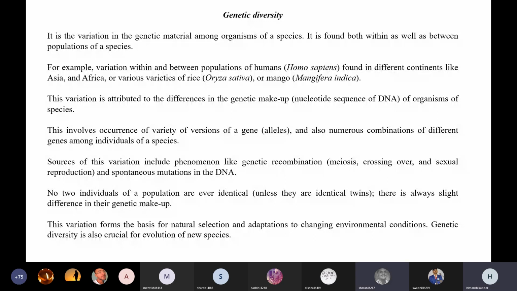It's in adapting to the changing environment. Yes. So it gives you a fitness advantage, so that you can adapt to the changing environmental conditions. So that is why genetic diversity is important. So it is giving you evolutionary significance.